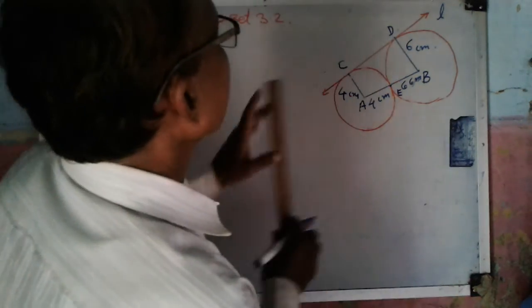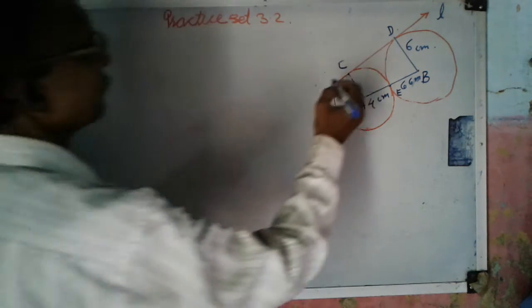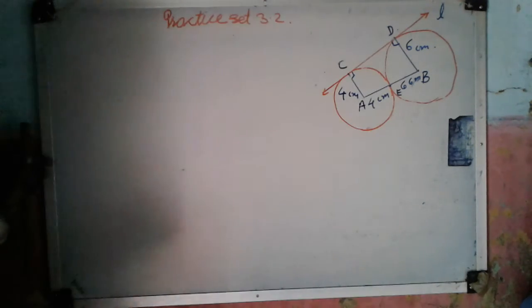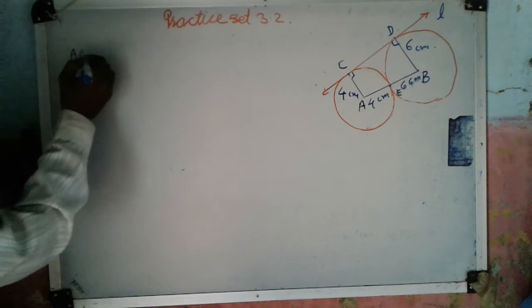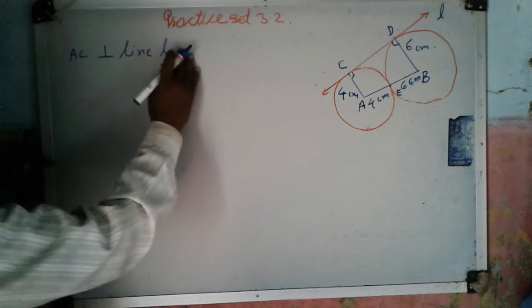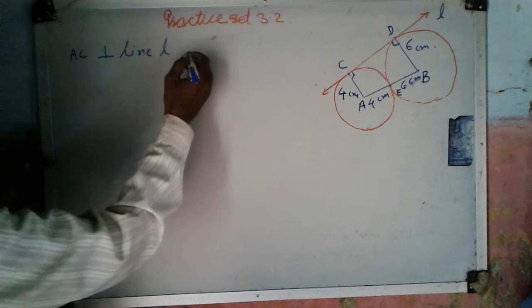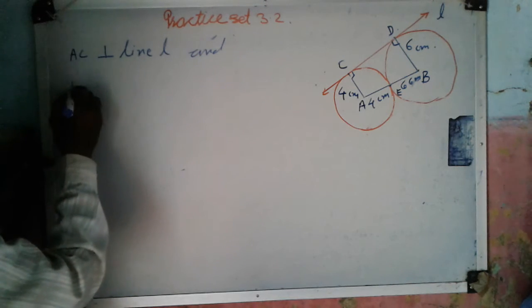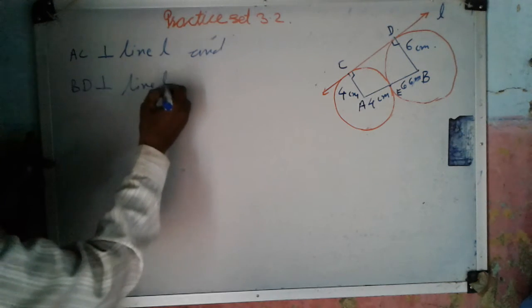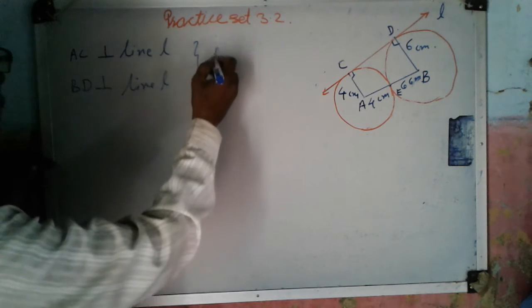Now see here, BD is perpendicular to line L. Here the reason is the tangent theorem.